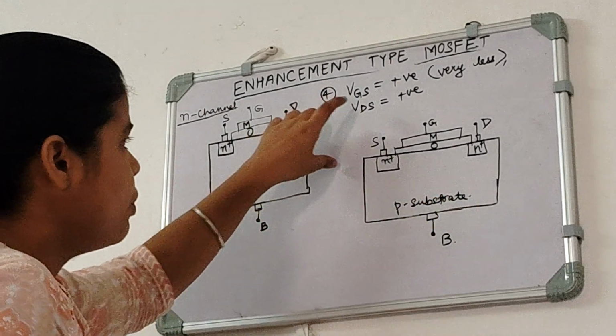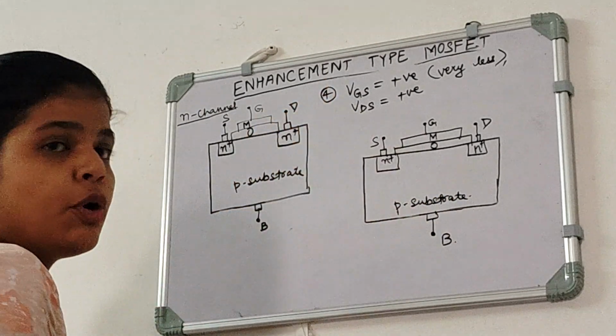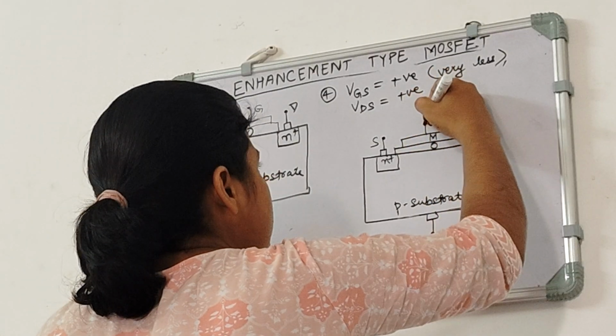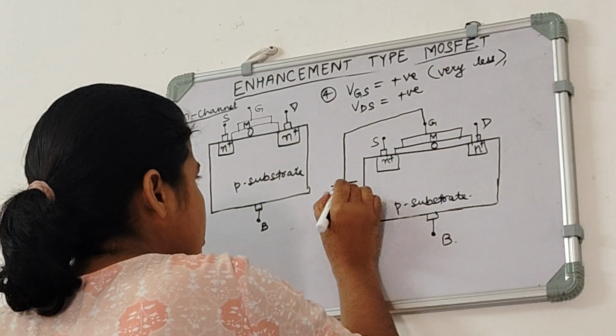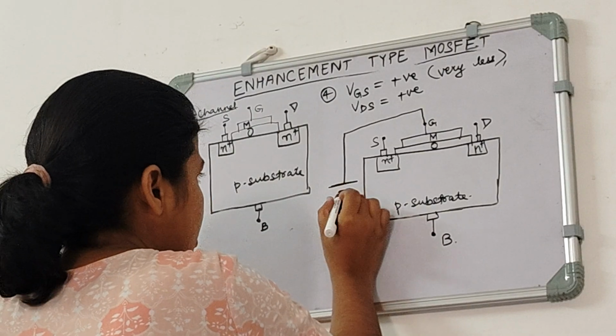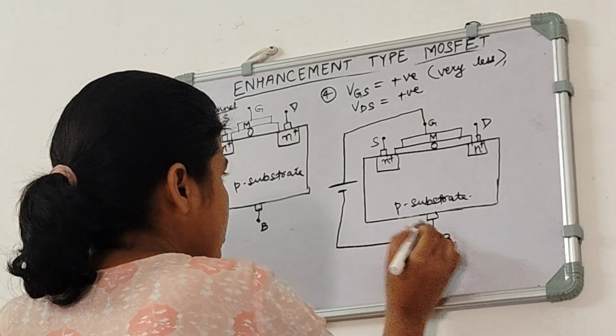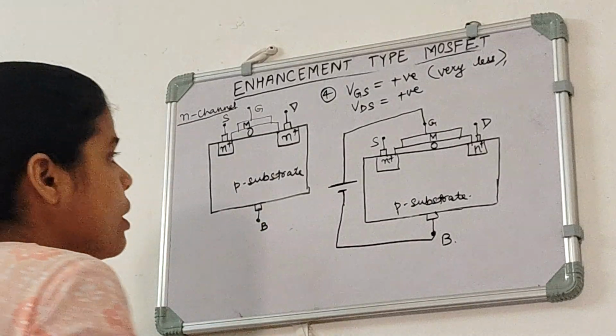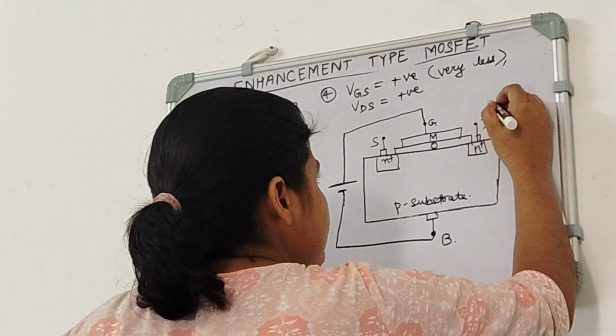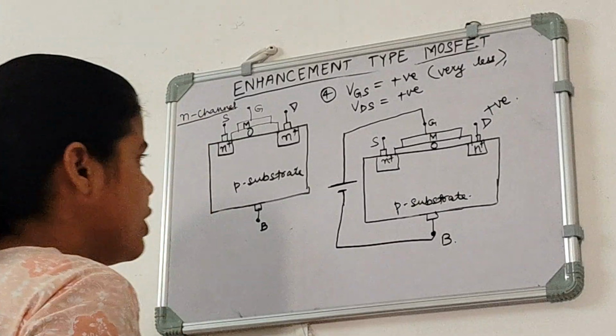So now, what is written here? That our VGS is positive. So let us make it positive. Positive means here it will have this positive terminal, and here it will have negative terminal. Now, our VDS is positive, so our drain terminal will have positive voltage.